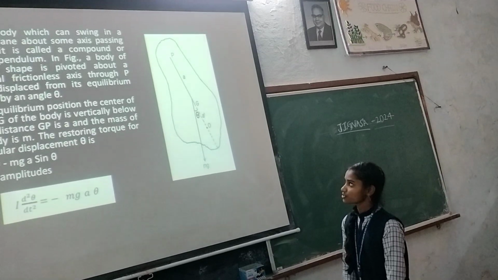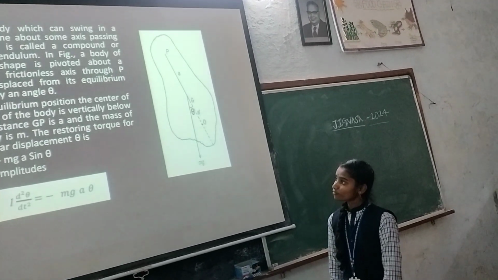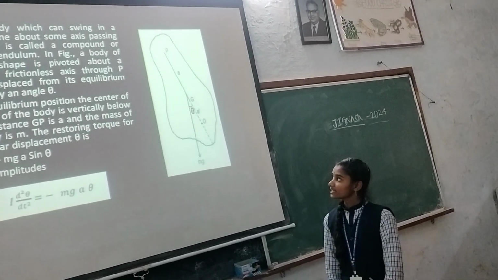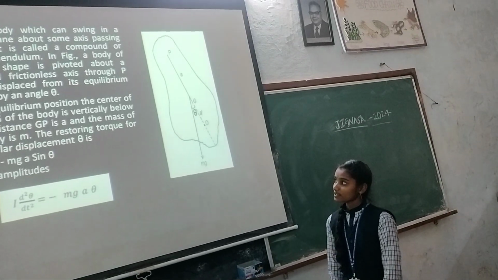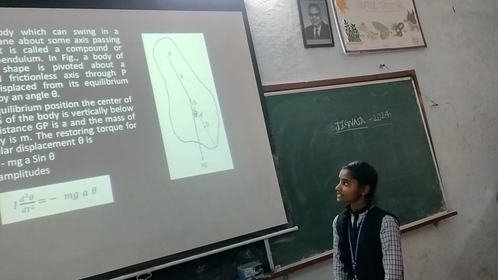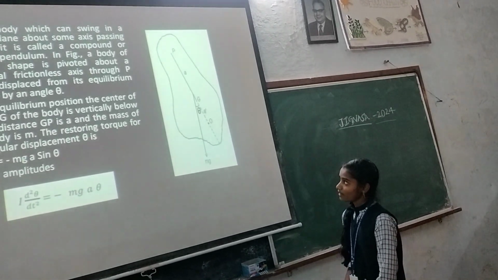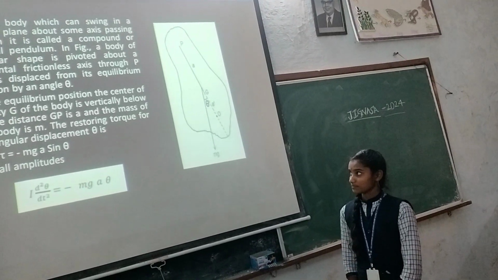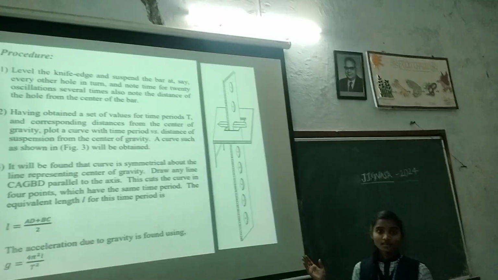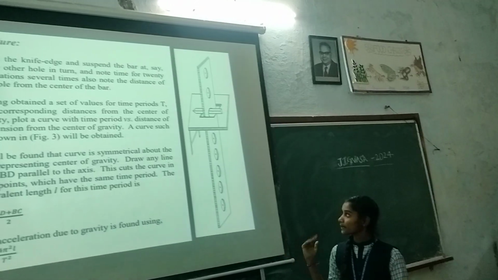In equilibrium position, the center of gravity G of the body is vertically below P. The distance GP is a and the mass of the body is M. The restoring torque is what makes it perform as a compound pendulum.